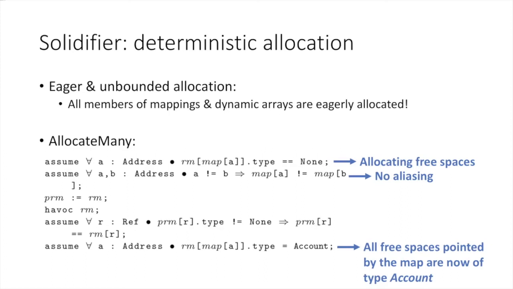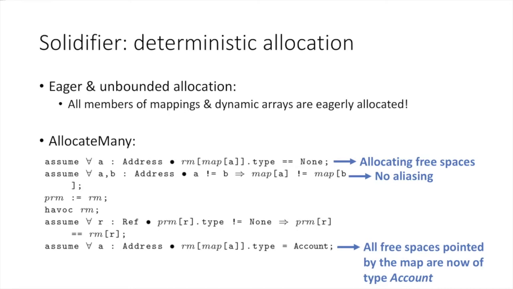So for instance, in a traditional programming language, if a vector grows too big and cannot fit in contiguous memory space, it will be moved around and placed at some other part of the memory where you do have that many contiguous memory spaces. In Solidity, that does not happen. Things are allocated when the contract is deployed, and for the entire life of the contract, they are at the same exact place.